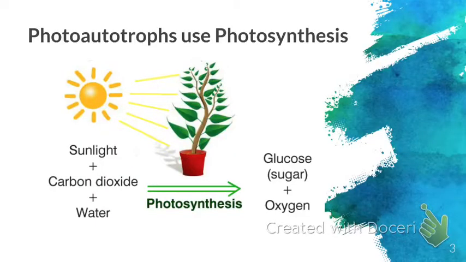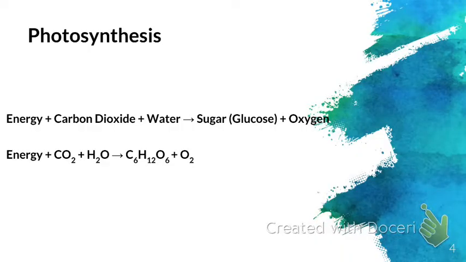All right. Photoautotrophs use photosynthesis to create energy. Photosynthesis is sunlight plus carbon dioxide plus water, creating glucose and oxygen. Here we have the photosynthesis chemical equation.